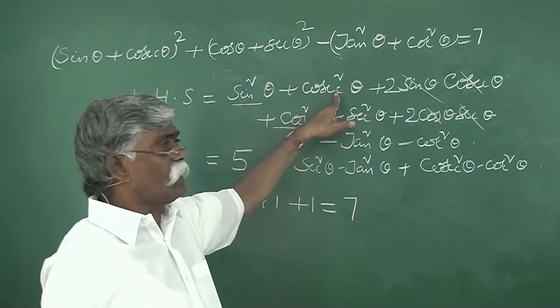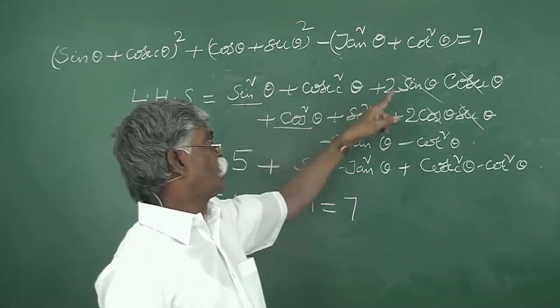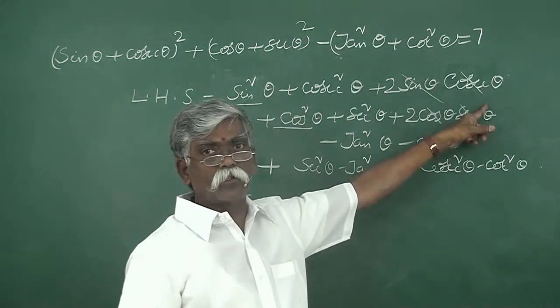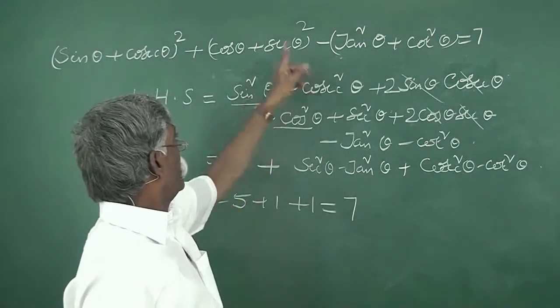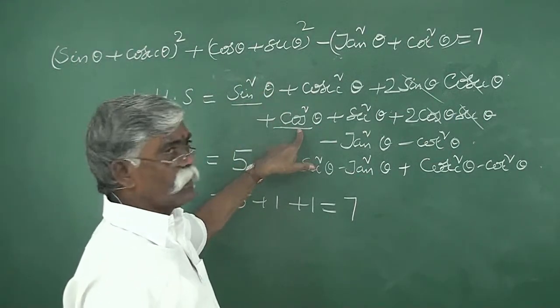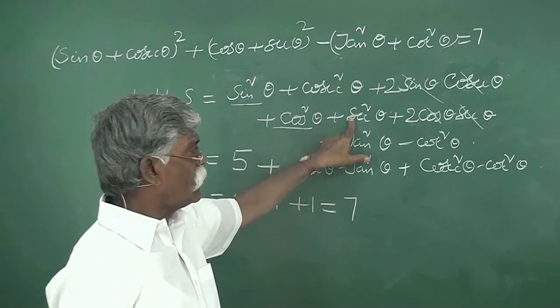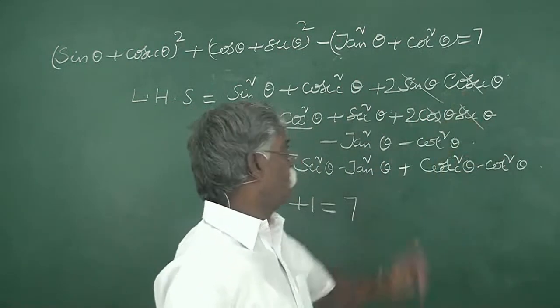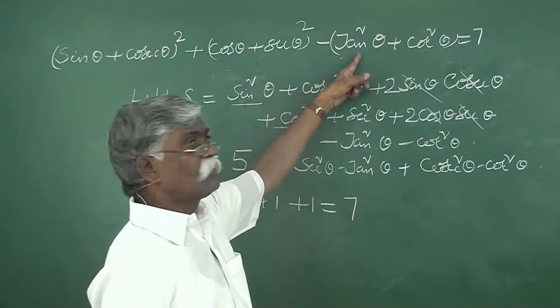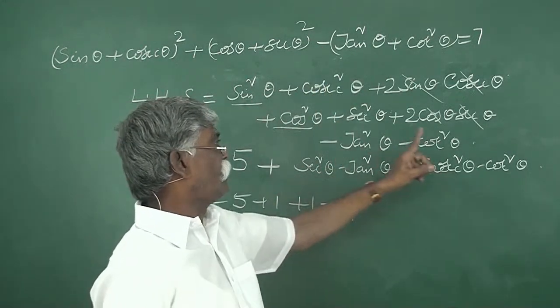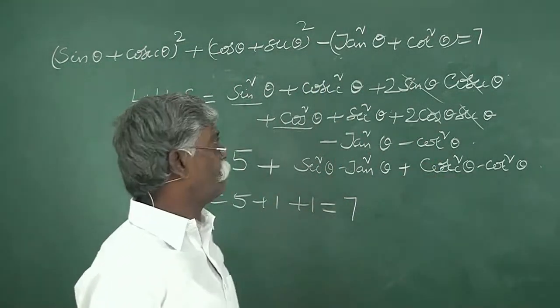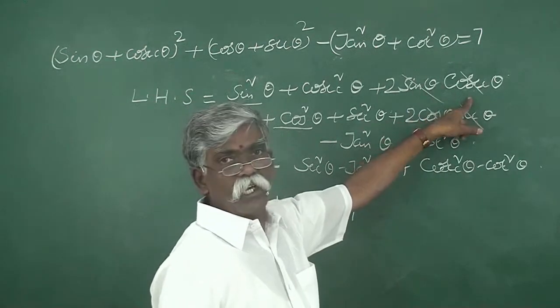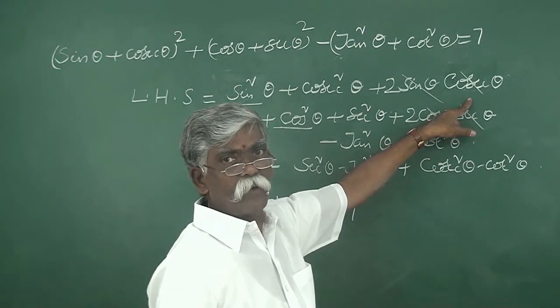So the left hand side, the first one, (a plus b) whole square, sin square theta plus cosecant square theta plus 2 sin theta cosecant theta. This is cos square theta plus secant square theta plus 2 cos theta into secant theta. Minus comes inside, minus tan square theta minus cot square theta. Sin and cosecant are reciprocals to each other.